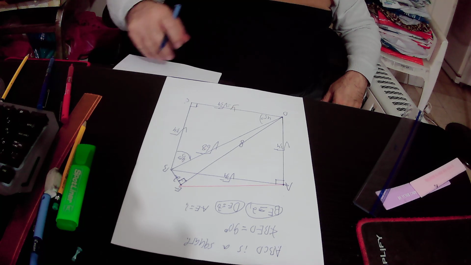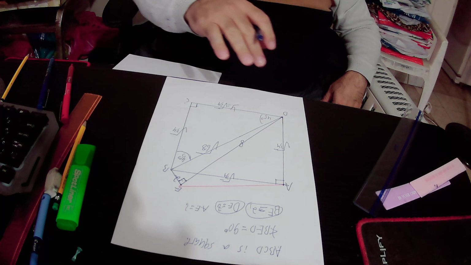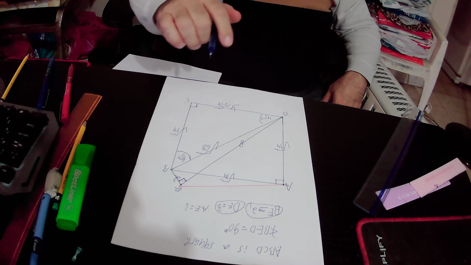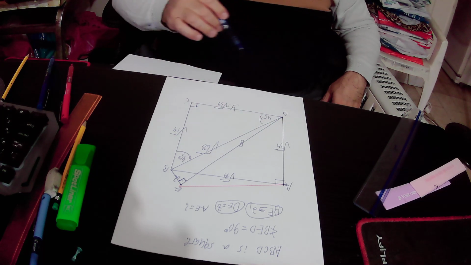As you can see from the drawing, we found all the line segments in this drawing, and the only missing line segment is line segment AE.